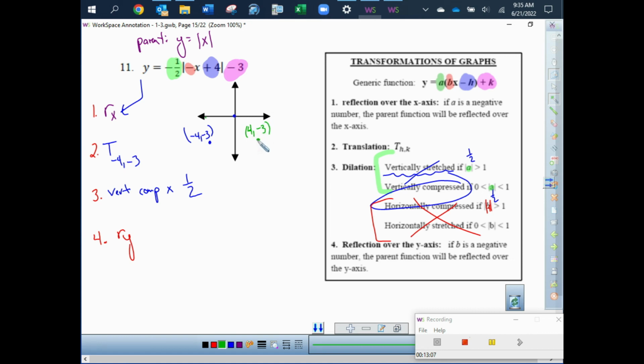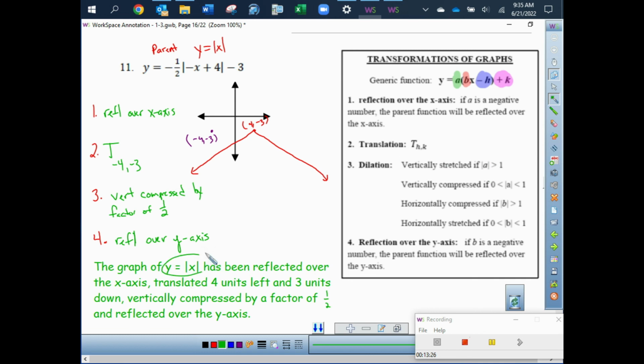And then he is a V, and if it was a normal guy, we'd make him normal, but he's supposed to be fatter than normal, so I'm just going to give me one of these. If your normal dude looked like this, then make your other guy fatter than that. So weird. All right, let's write that sentence. The graph of parent has been, and look at this. Yep, all of it goes in the sentence.